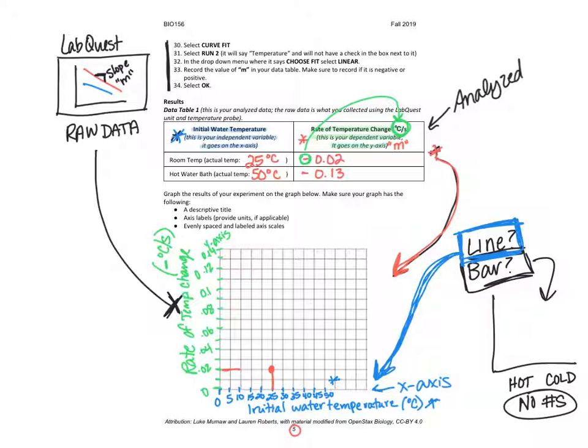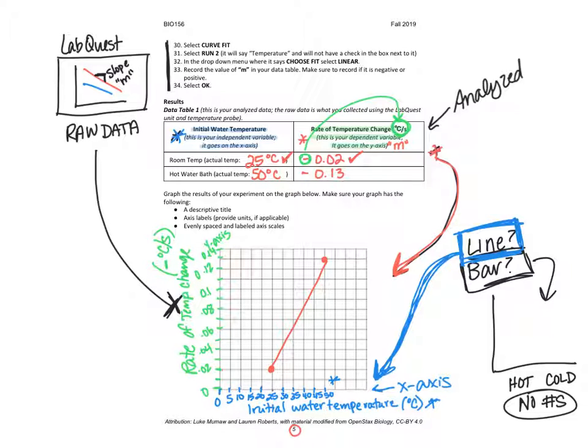That is just graphing this information and this information and seeing where they cross on the graph. All right, to graph the hot water one, we're going to do the same thing, but now we have to come over to 50 and go up to 13, like that. And then to finish our graph, we are just going to connect the dots.